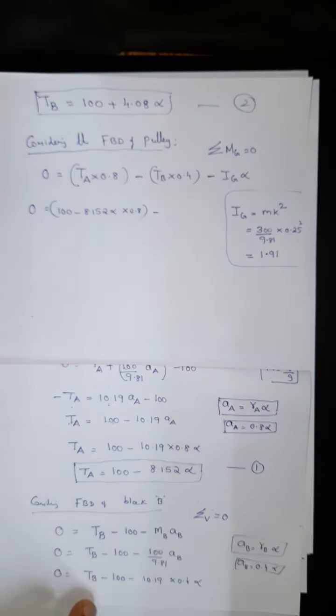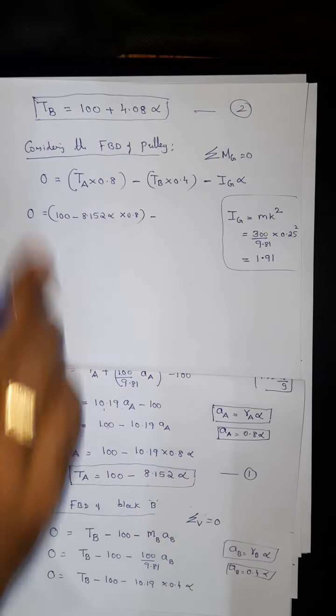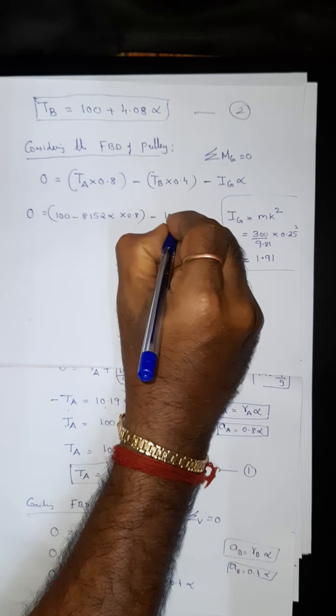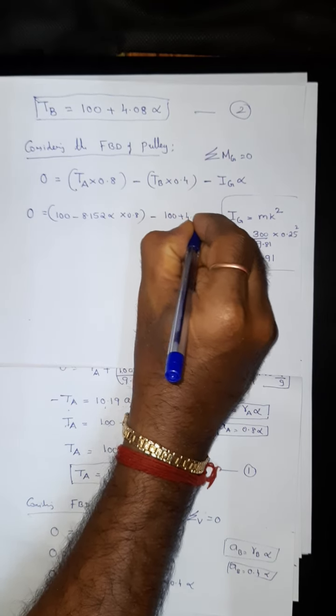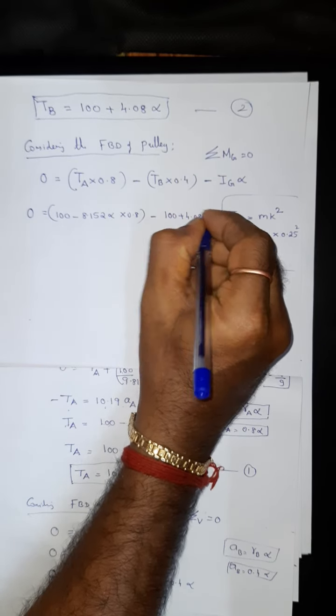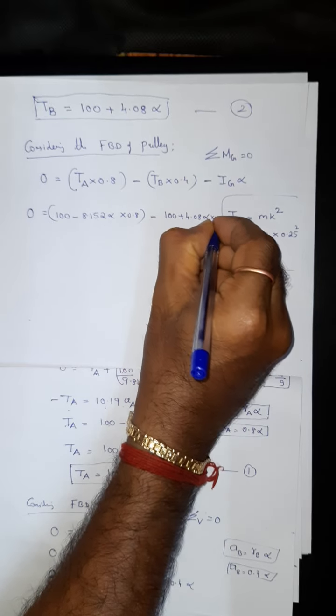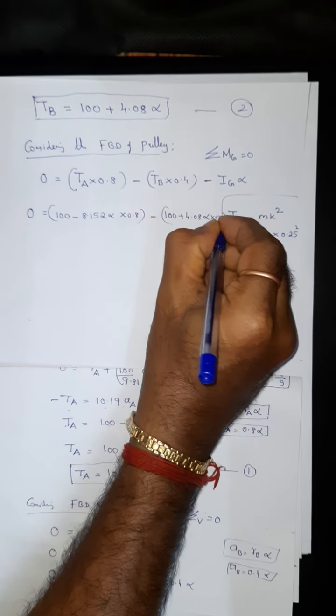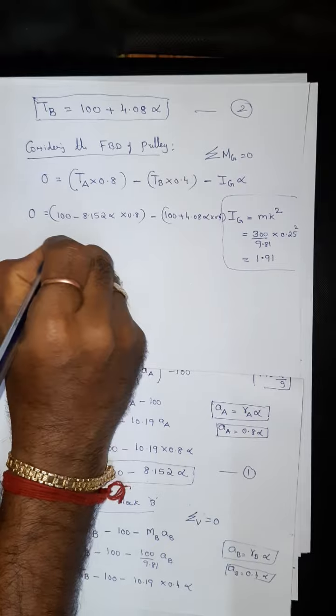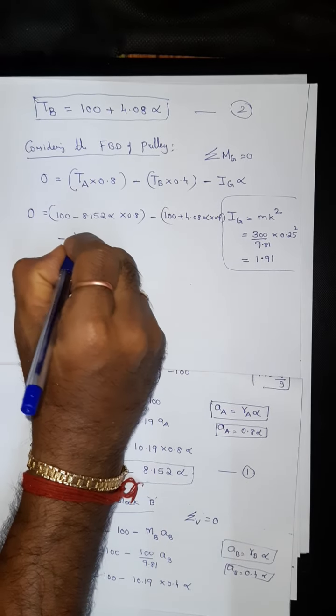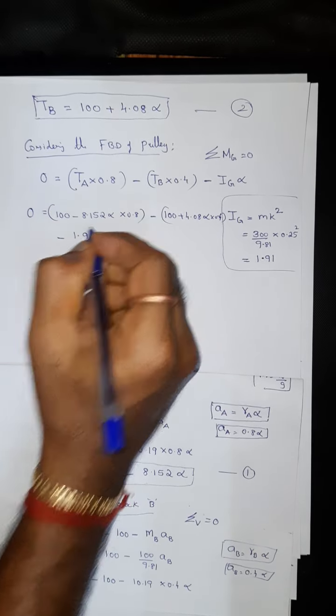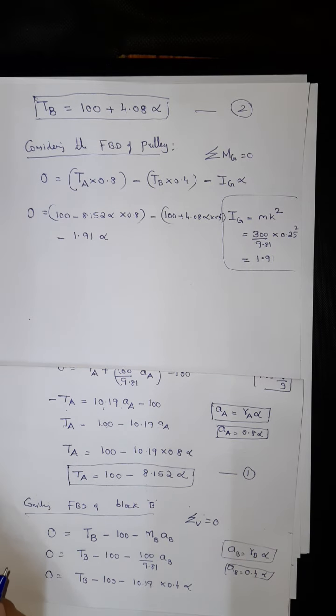Minus TB, which is here 100 plus 4.08 alpha, into 0.4, minus 1.91 into alpha.